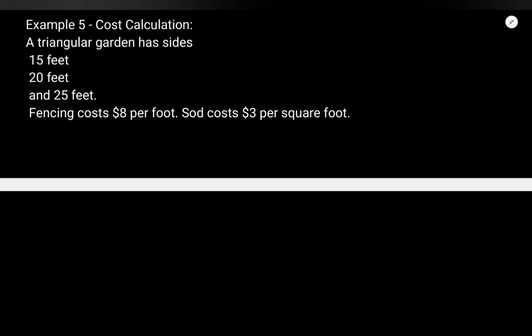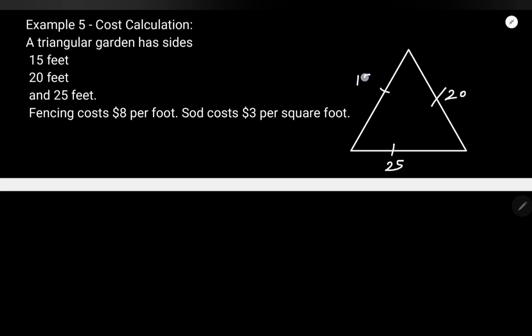A triangular garden has sides 15, 20, 25. Suppose this is 25, this is 20, this is 15. Fencing cost is 8 per foot. For fencing, what will you have to do? You will have to just find the perimeter.